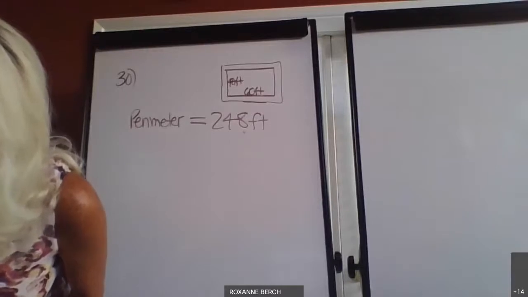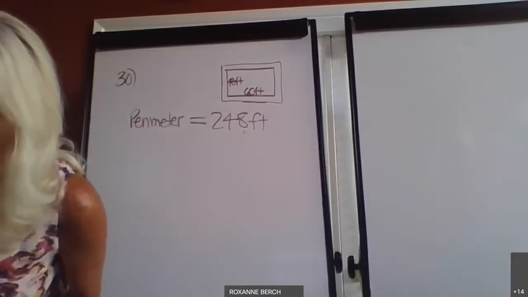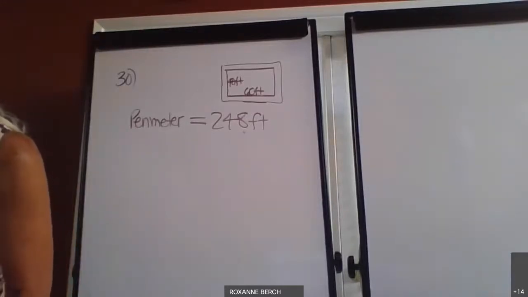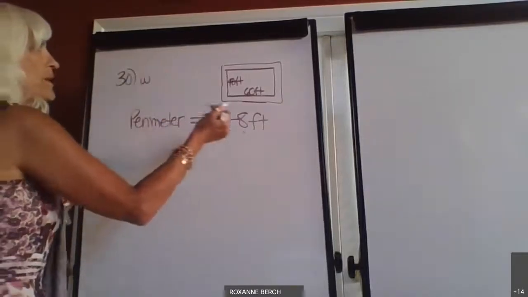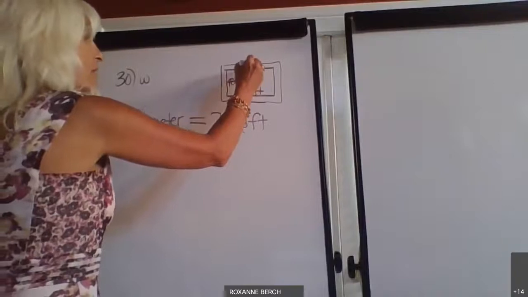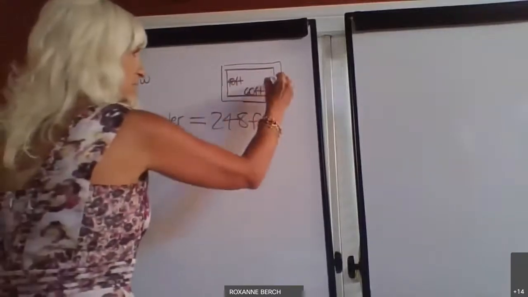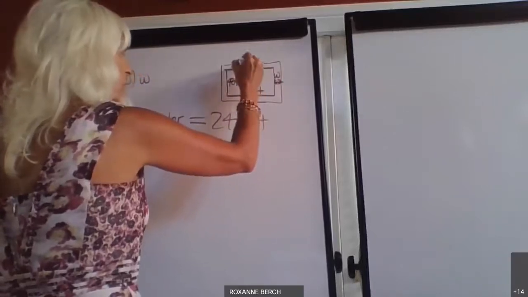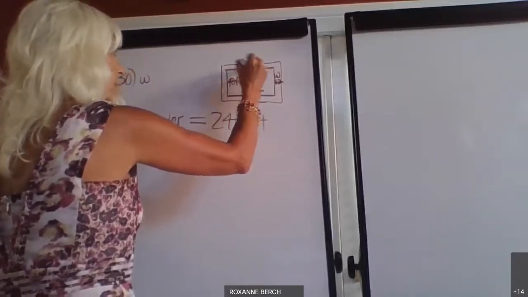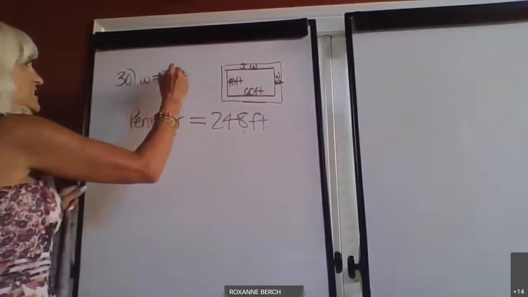Determine the width of the path. Oh, great. So we're going to let W be the width of the path. So between that right there is the width of the path. That's the question.